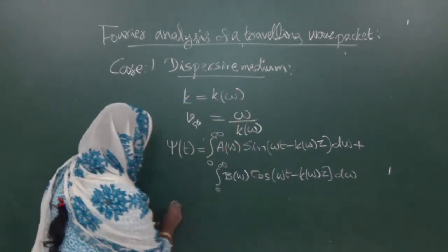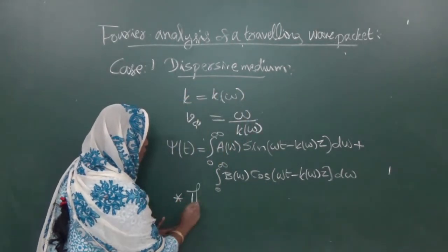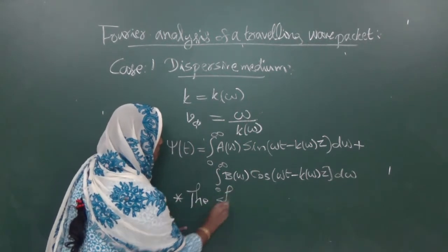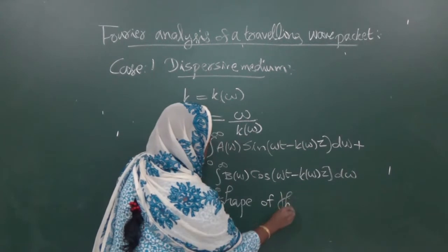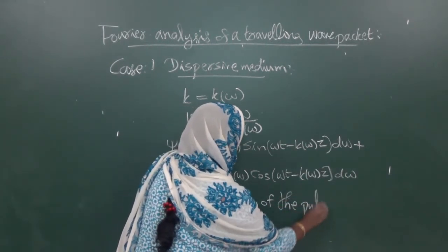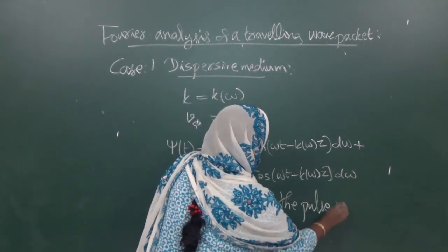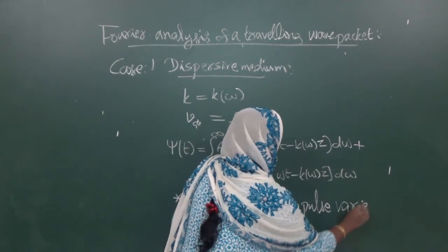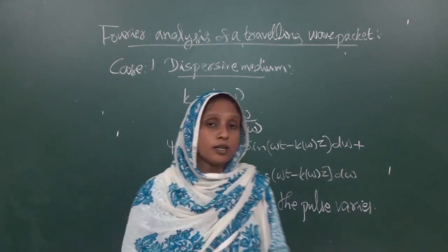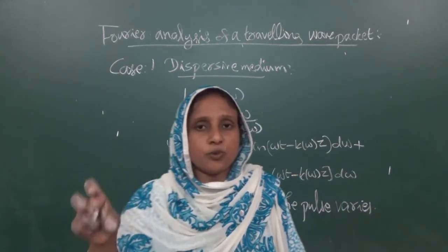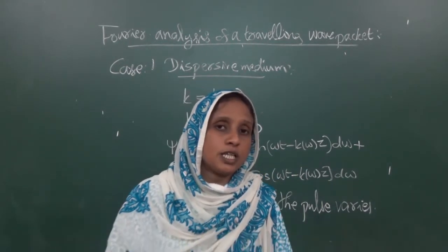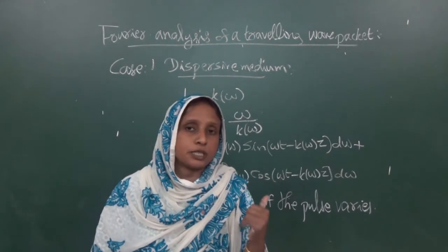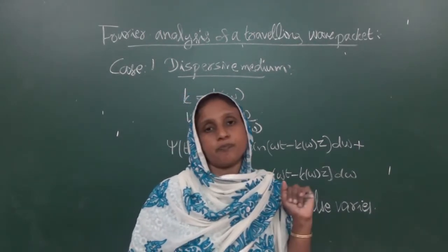That means the shape of the pulse varies. Why? Because each frequency component moves with its own velocity due to the dispersive medium.